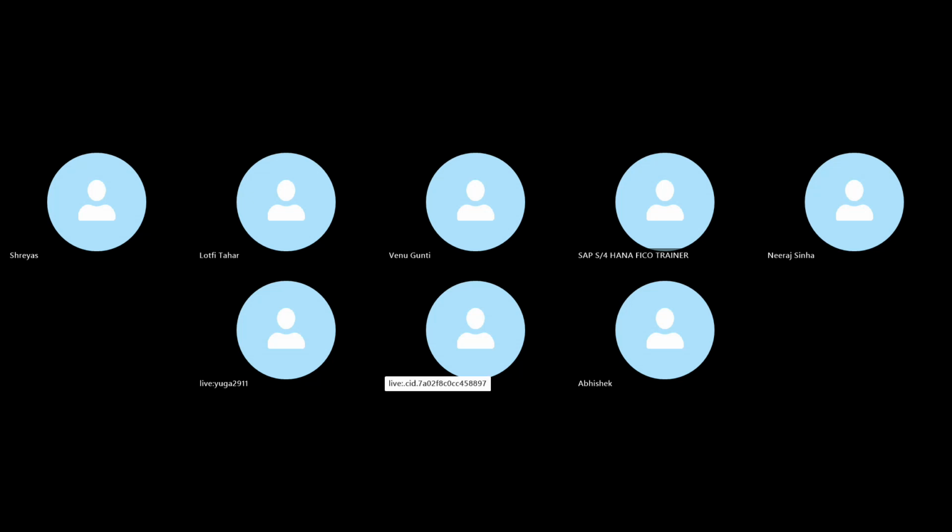Test scenario will include the process, and test script will be the step-by-step process of what needs to be executed. Test scenario is a part of the test script.